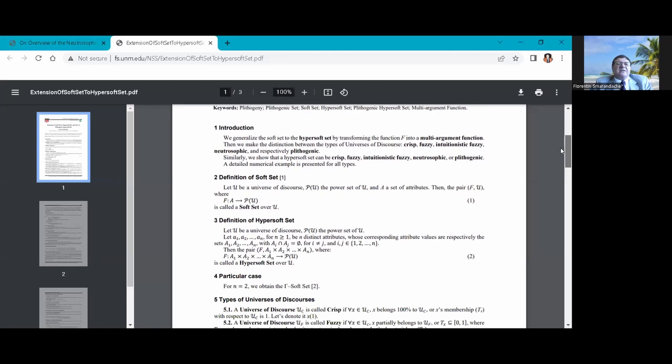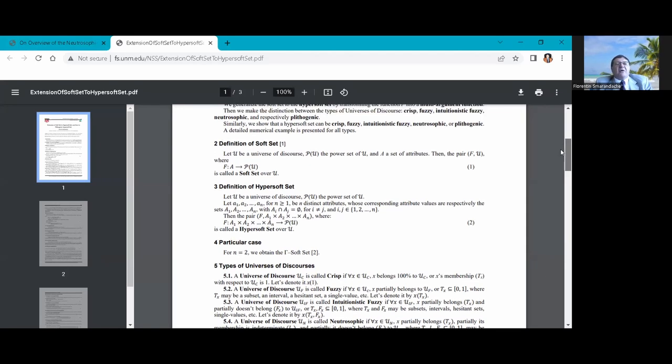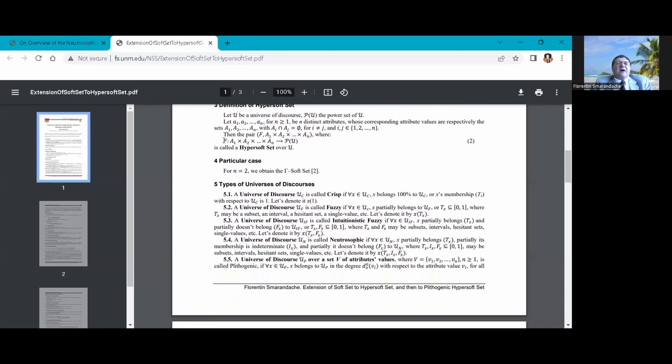So in a hyper soft set, instead of having the function f defined from a set A to the power set of U, we consider the function f defined from a Cartesian product of attributes to the power set of U. For example, if we have a set of houses, we want to know what house is big and of color white, and for example, position peripheral.